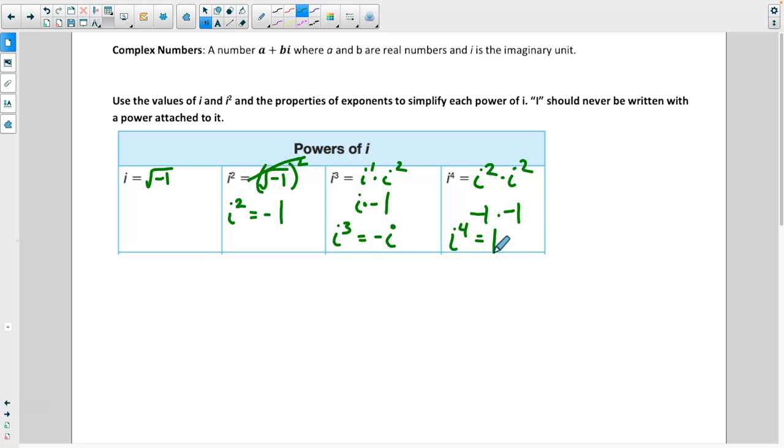And the crazy thing is, if I go i to the fifth, it follows this pattern and it becomes just i. If I go i to the sixth, it's going to be -1. And it goes so on and so forth. It just keeps on going forever and ever.